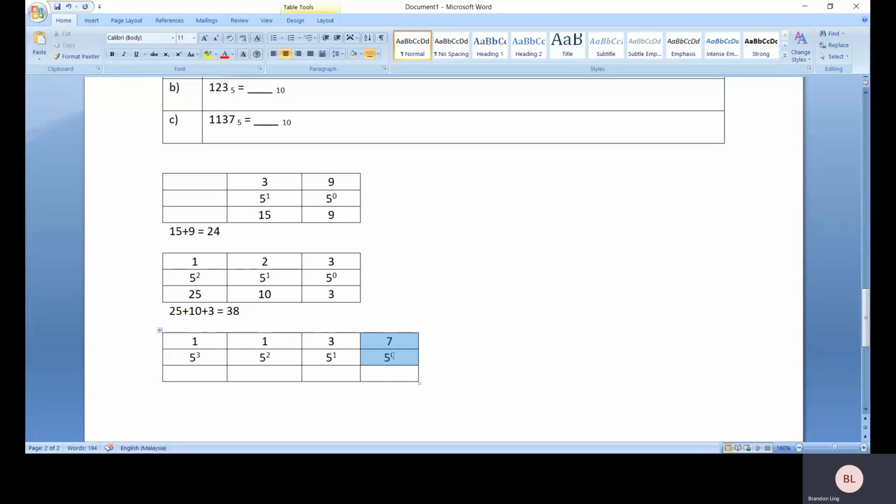Okay, 7 times 1, you get 7. 3 times 5, you get 15. 1 times 25, you get 25. 1 times 125, you get 125. Okay. So the last step will be adding all these numbers together. So the answer will be 172 base 10.